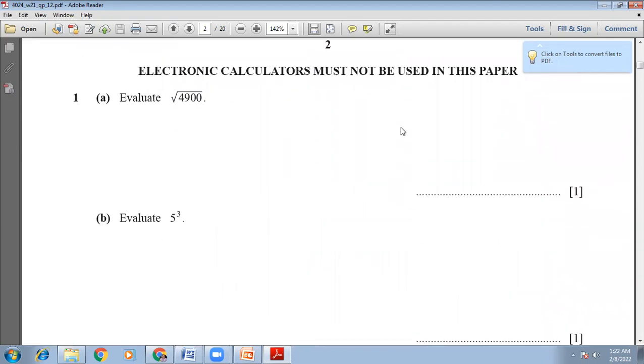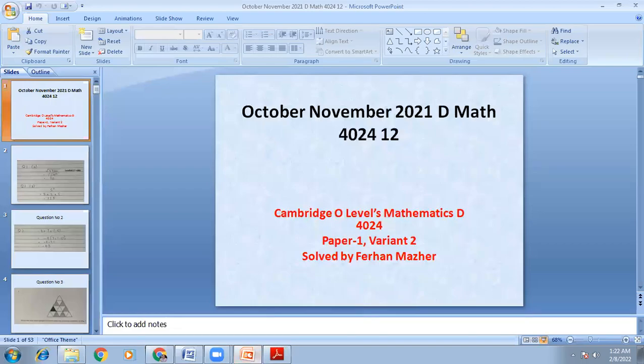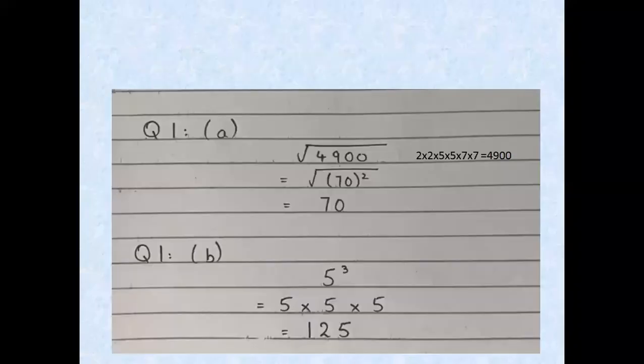So question number 1, part A: evaluate the square root of 49,000. Very simple. You will prime factorize 49,000, and then very easily you can find its square root. So 49,000, when you prime factorize it, will be 2 multiply 2 multiply 5 multiply 5 multiply 7 multiply 7.